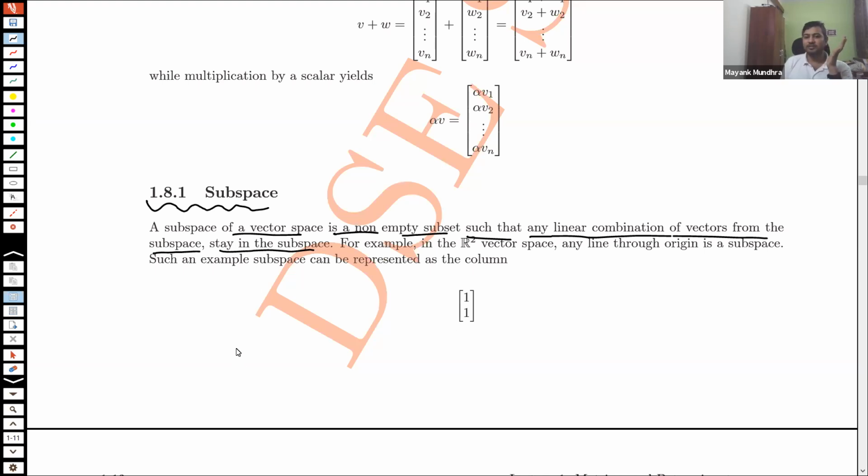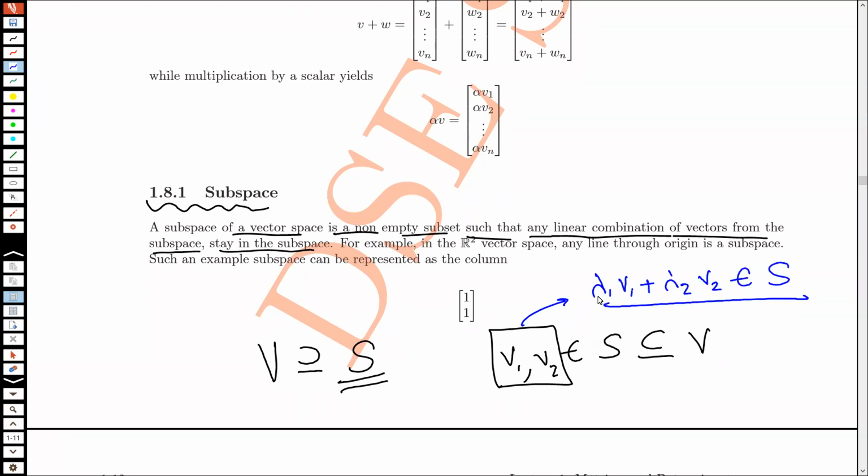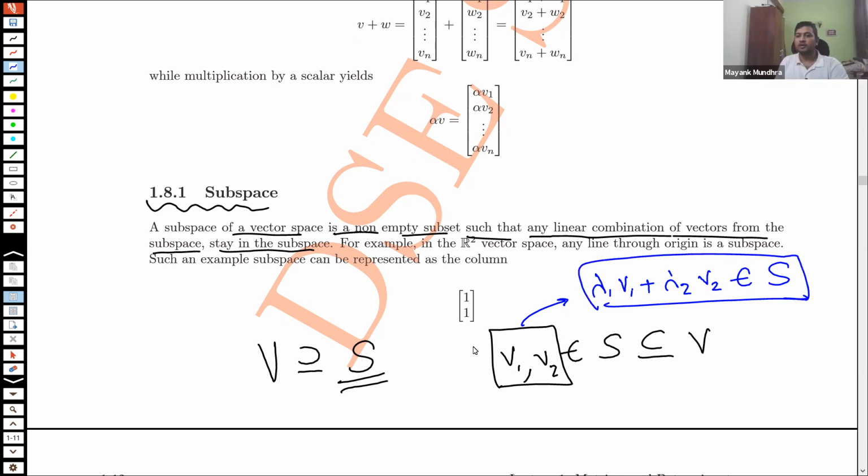Suppose there's some vector space V which contains some subspace S. If you take vectors v1 and v2 which belong to S, then the linear combination lambda 1 v1 plus lambda 2 v2 will also belong to S. This is true for all v1, v2 belonging to S.